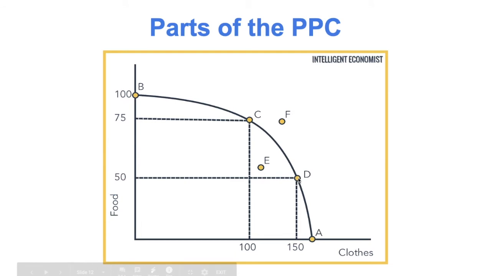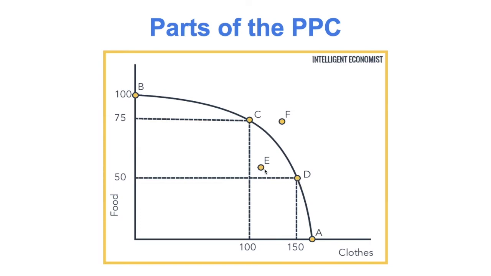It doesn't really matter what combination we're making, whether it's 100 units of food on this particular graph over here at point B, or let's call this 160, it's more than 150 units of clothing on this x-axis, or a combination of the two goods. Either way, we're on this frontier. We are making the most of our resources.